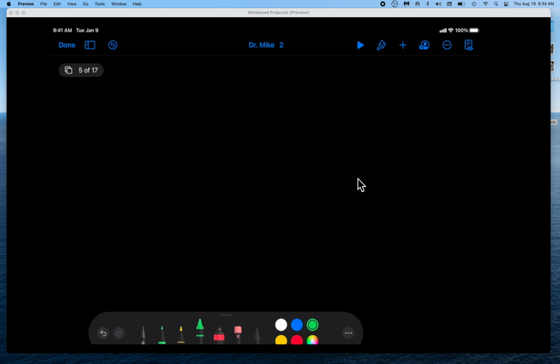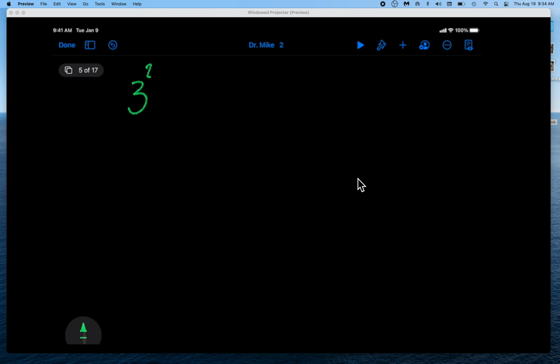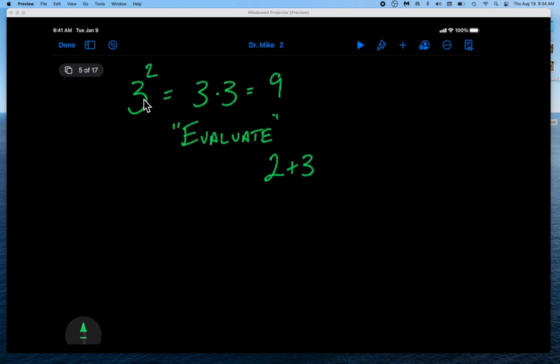So we already know that 3 to the second power means 3 times itself twice. So if we were to evaluate this, 3 times 3 would be 9. Okay, you might see that word, evaluate. Evaluate just means figure out what this is. So if I asked you to evaluate 2 plus 3, that would be 5.